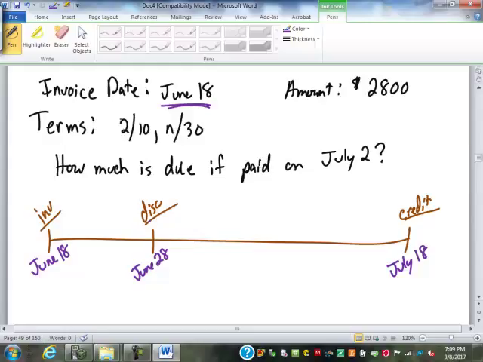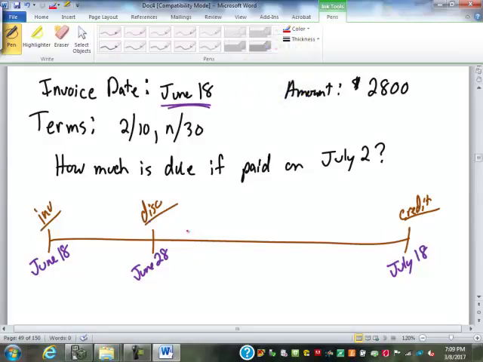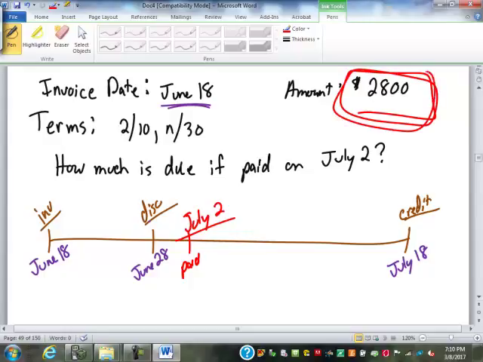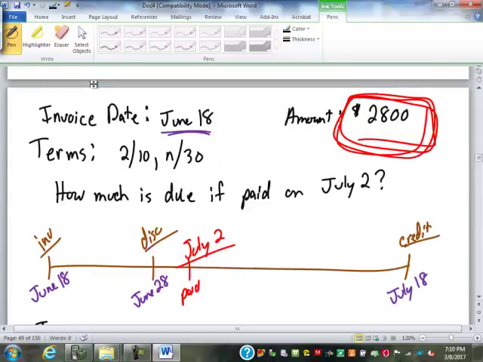It's just 10 days to get to the discount period and 30 days from the invoice to get to the end of the credit period. It is paid on July 2nd. Did they get the discount? No. So the amount paid is $2,800. Very good.